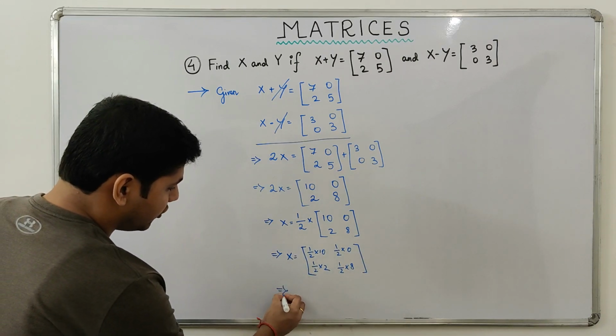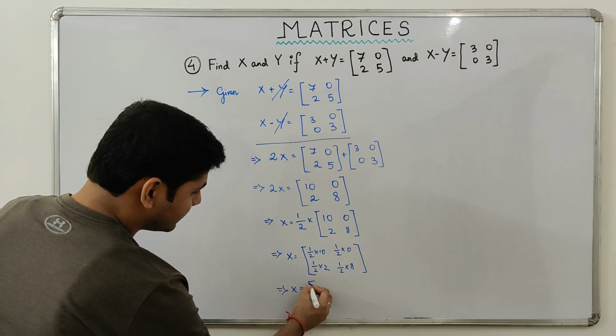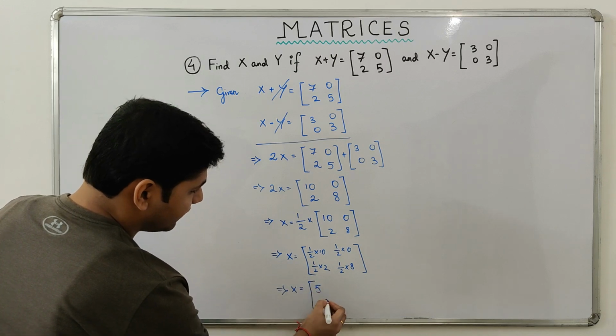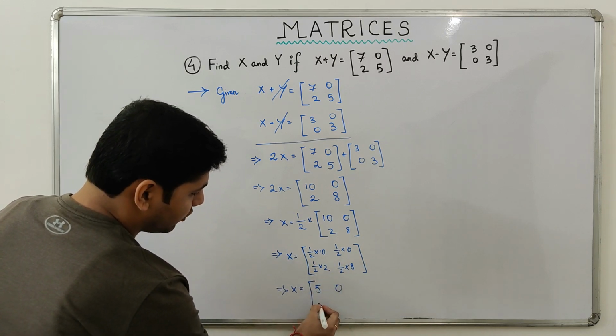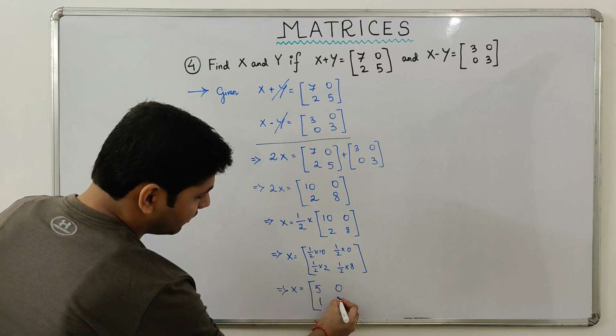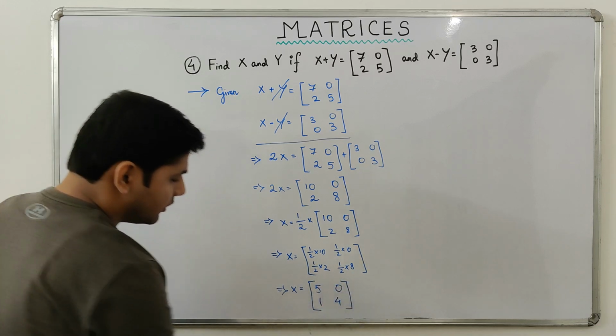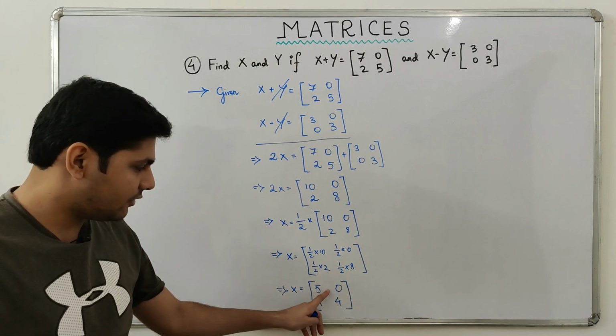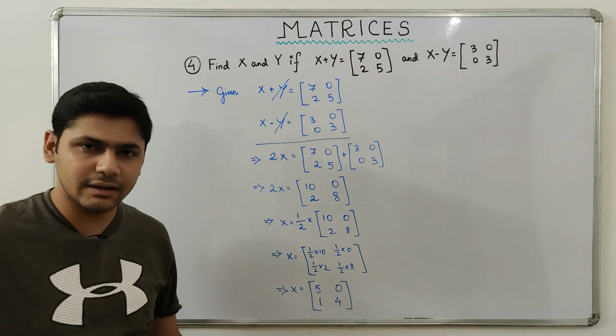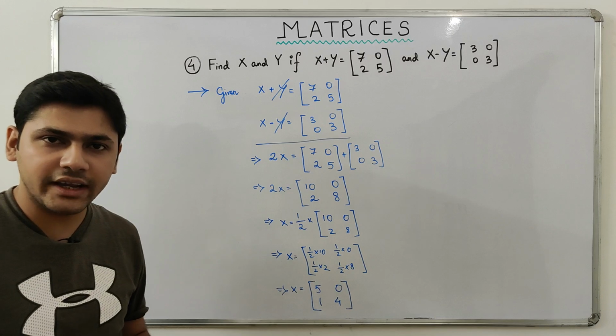So we get the value of x as 5, 0, 1 and 4. So we get the value of x: 5, 0, 1, 4. Simple. Now we have to find the value of y. Let's do that.